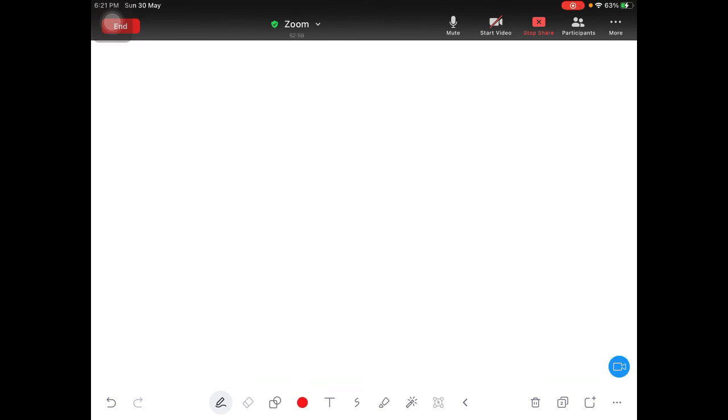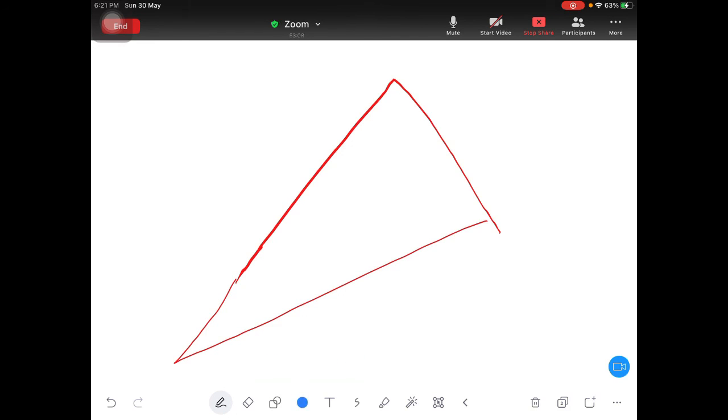Suppose I am drawing this triangle. Suppose this is 90 degrees and this is 70 degrees, then this is going to be 20 degrees, right? So you can check.